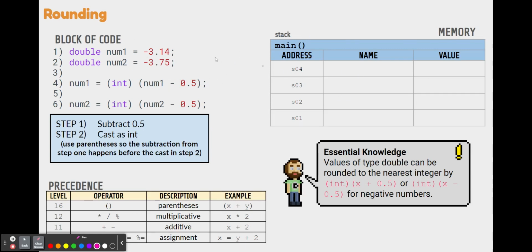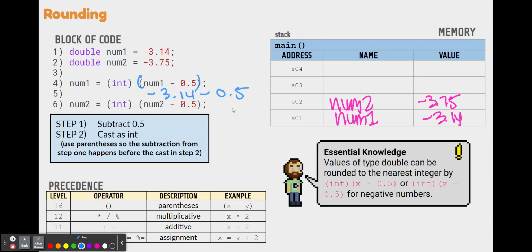We're just going to put our variables in memory. We have num1, which is our negative 3.14 this time, and our num2, which is our negative 3.75. Looking at our first example, parentheses, we have num1, which is negative 3.14 minus 0.5.